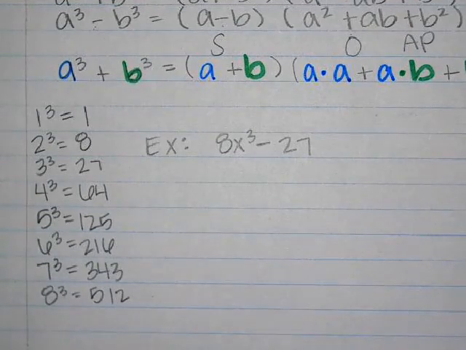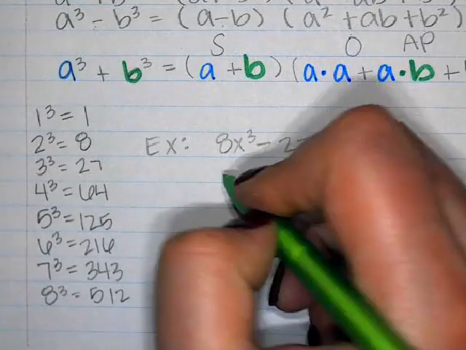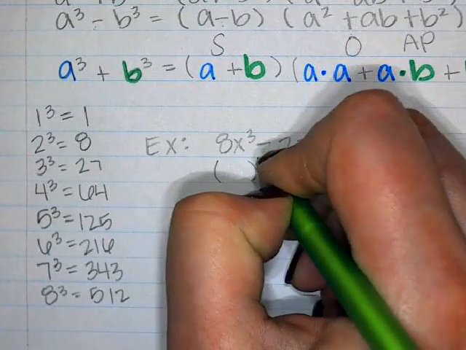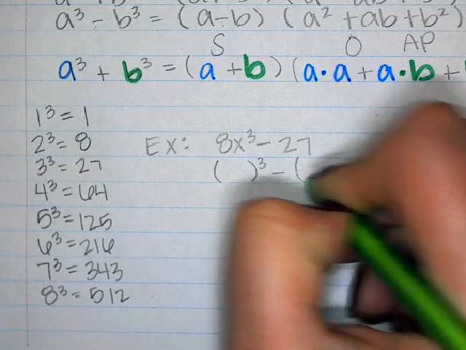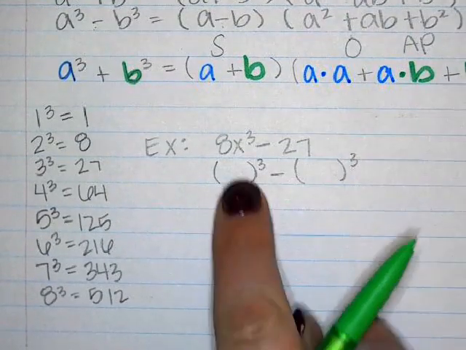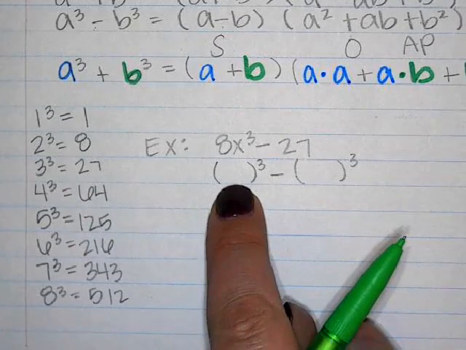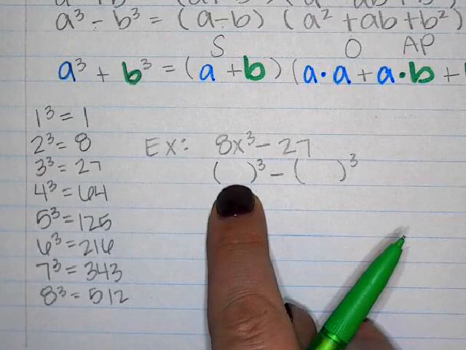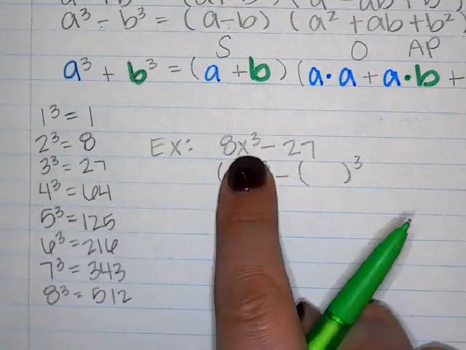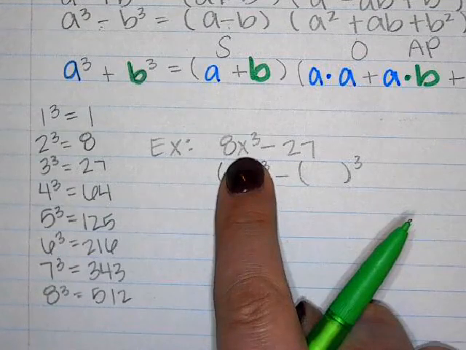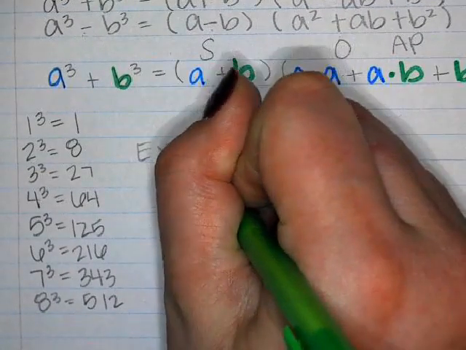If it's 8x to the third, what must have multiplied by itself 3 times? 2, and then what else? How do we get the x there? 2x. So it was 2x times 2x times 2x. That's how they got 2x to the third. And then over here, we had 3 times 3 times 3. That's how they got the 27.